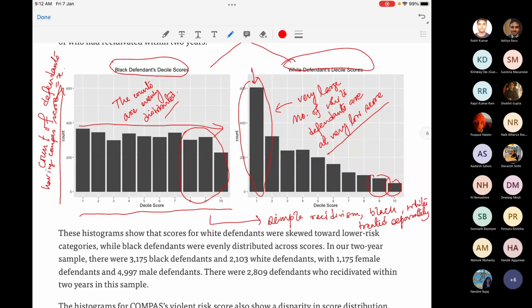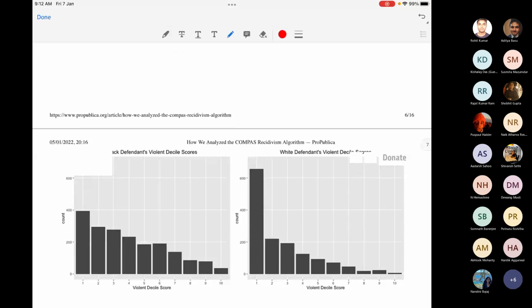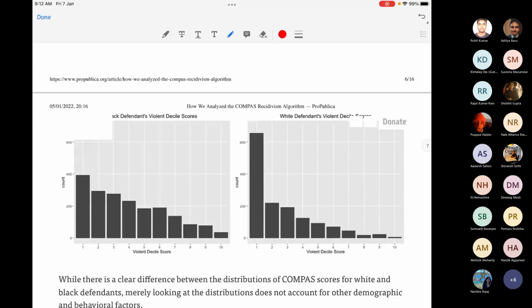The same thing was done for the subset of the data which corresponded to violent recidivism. And here again, you see a very similar trend. For the white individuals, low scores are dominant.